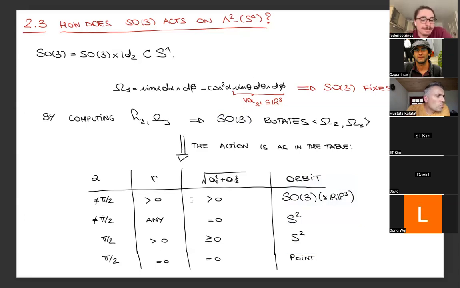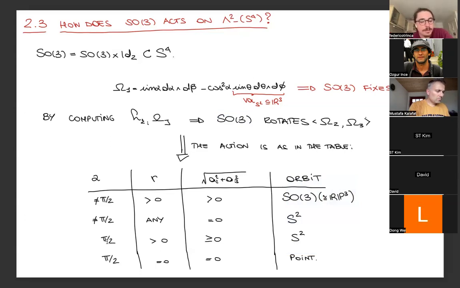Otherwise, if it does vanish, then the action is only acting on the base, and so SO3 acting on S4 has orbit diffeomorphic to S2.